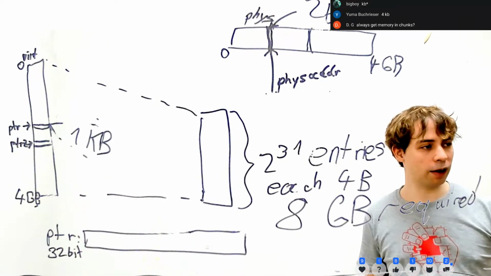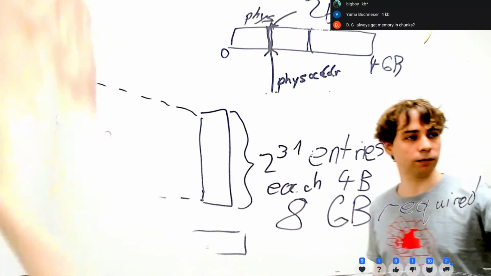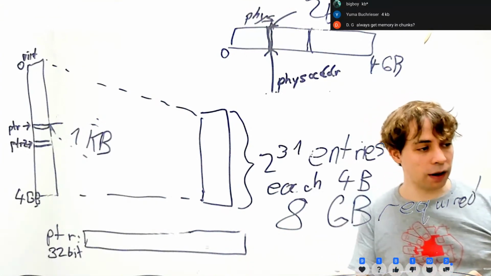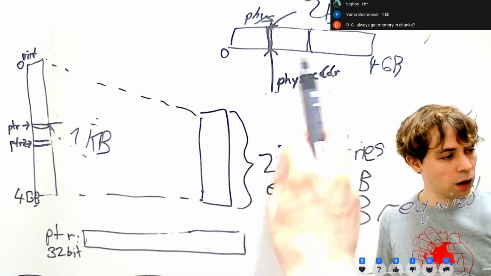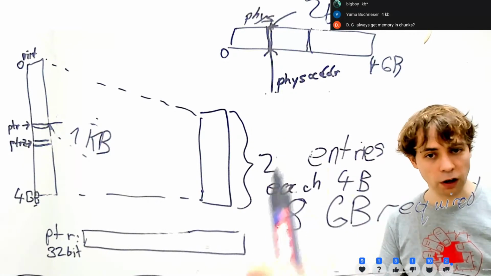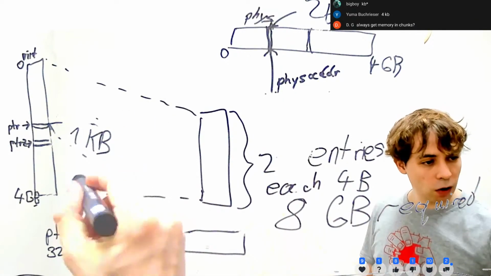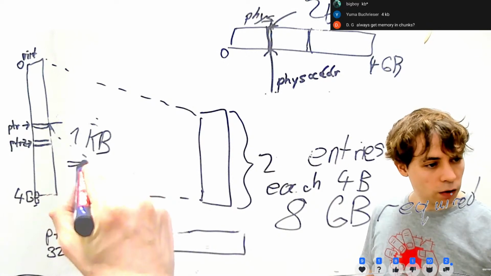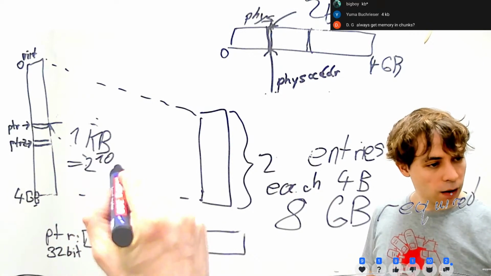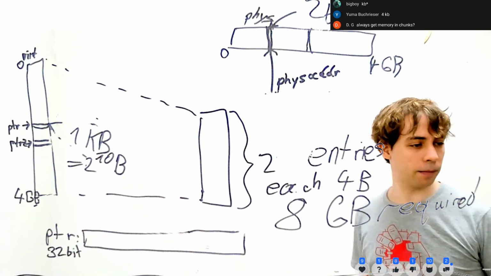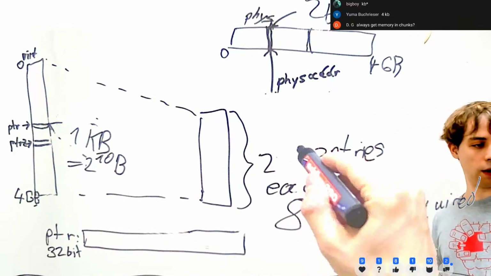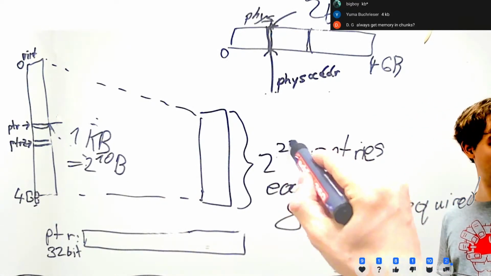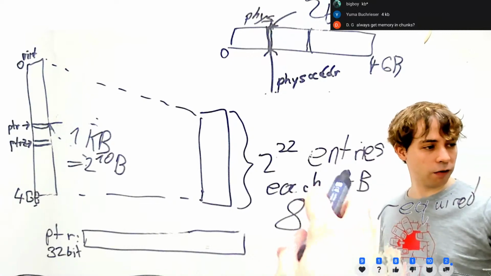Let's try a kilobyte, so that's 1024 bytes. We actually don't have 2 to the 32 entries, but because 1 kilobyte is 2 to the 10 bytes, we can deduce 10 here. So this would be 2 to the 22 entries of each 4 bytes.